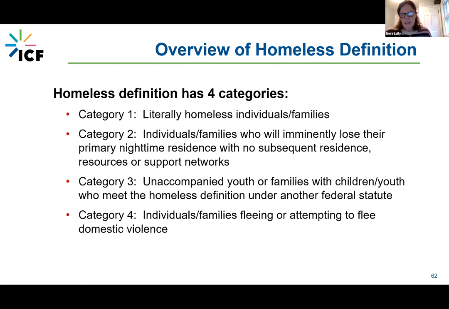Category 3 is an expansion to include unaccompanied youth or families with children and youth who meet the homeless definition under another federal statute. A lot of the information and the need that was shared in the creation of this regulation was about children and youth, unaccompanied youth who meet maybe the McKinney-Vento definition, which is different, or the VAWA definition of homelessness, which is different.